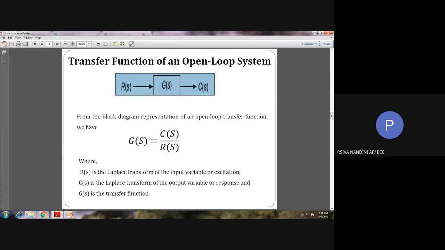So what is the transfer function for an open loop system? G of S is equal to C of S by R of S. That is by the definition of transfer function: the ratio of Laplace transform of output of the system to the Laplace transform of input of the system. Thus, we can obtain the transfer function of an open loop system like this.